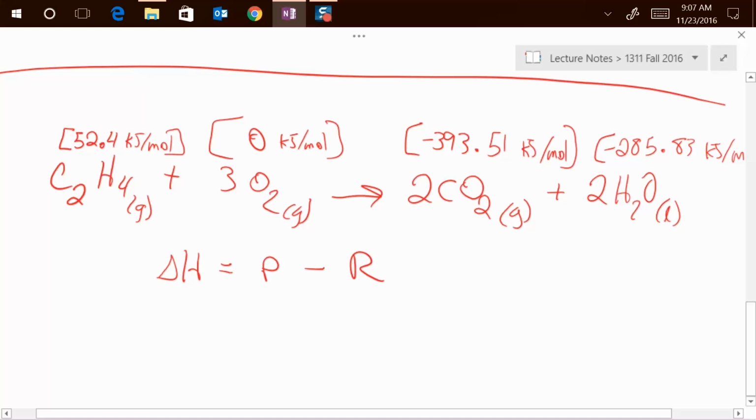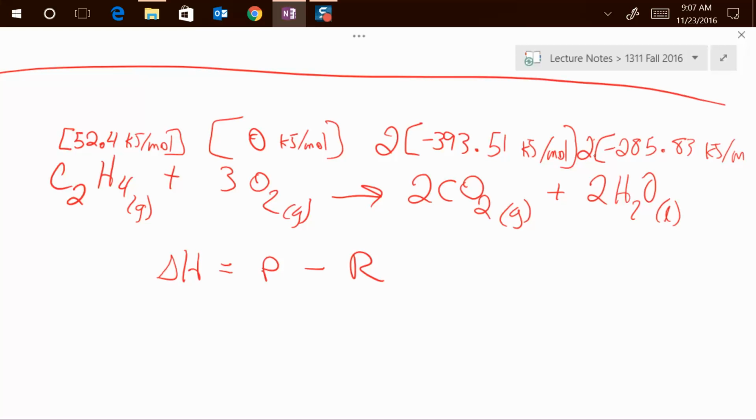Okay? So first here, I'm going to have to take this 393.51. That's per mole, right? Well, I have 2 moles, so I need to multiply this by 2. Same thing with the water. That needs to be times 2 as well. This can stay as it is because it's all by itself.